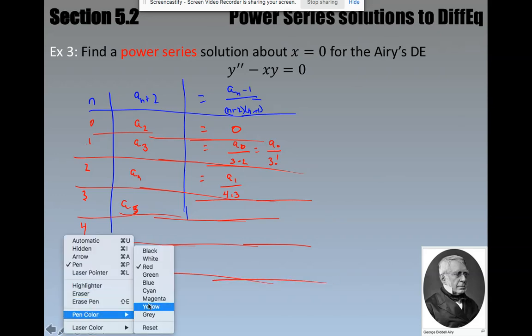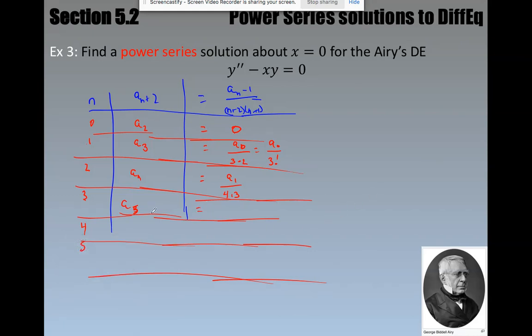Should have just printed it, shouldn't I have? A sub 5 is going to be a sub 2 over 5 times 4.